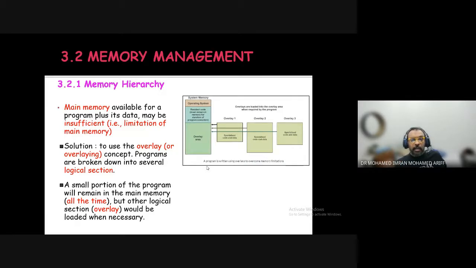However, the main memory size is limited, so only those important files are kept inside the main memory. The remaining files are kept inside the hard disk, and there is an area called the overlay area, whereby only those important files about the process are kept.